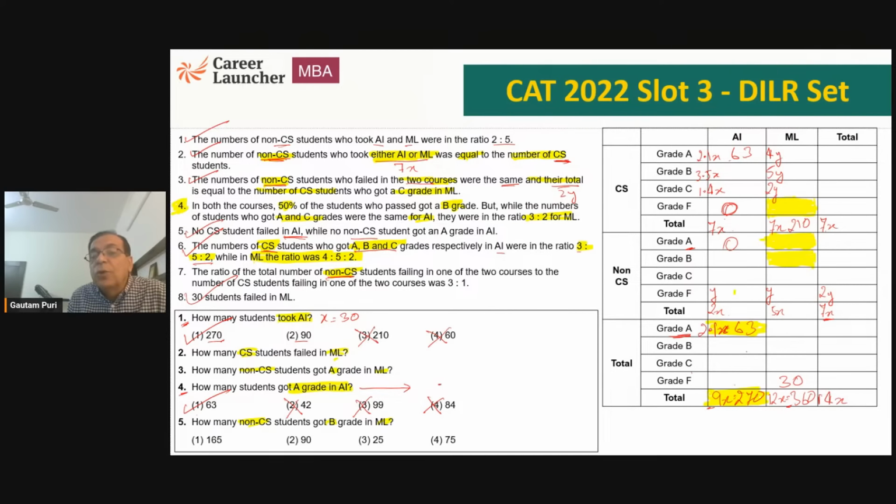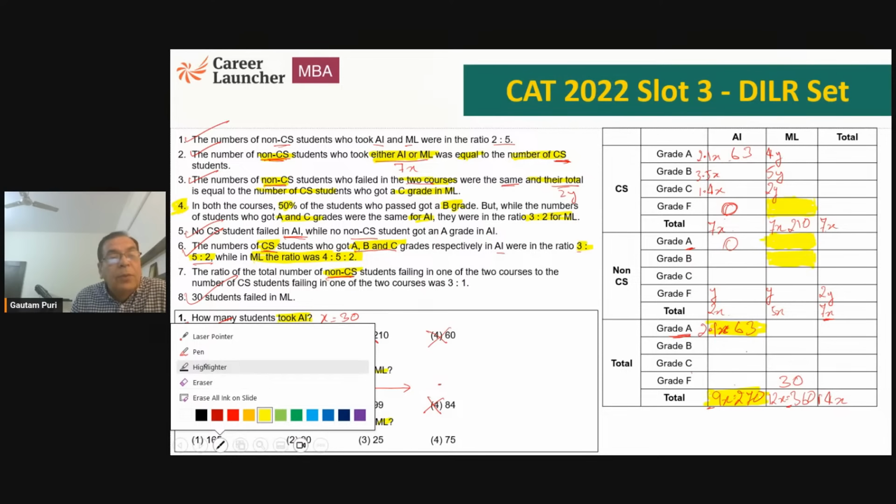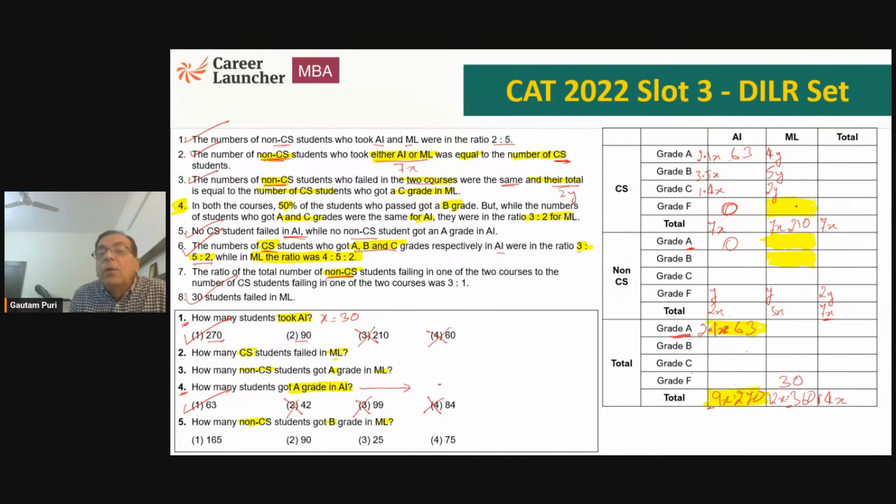Because these y students are failing only in AI, and these y students are failing in ML. So the total number of non-CS students who have failed in AI or ML is 2y. The ratio of total number of non-CS students failing in one of the 2 courses to the number of CS students failing in one of the 2 courses was 3:1. Sorry, 3:1. So now, what is that number?